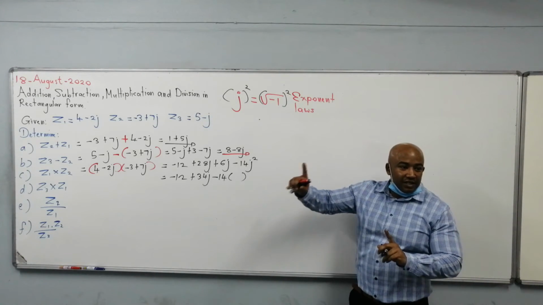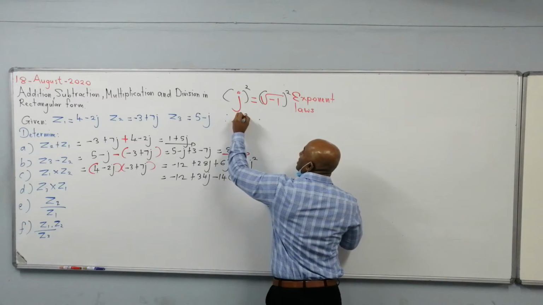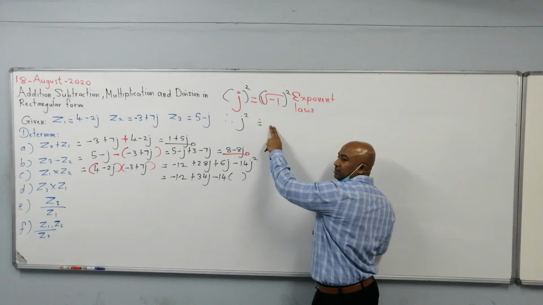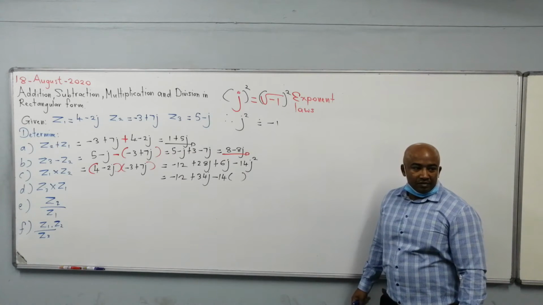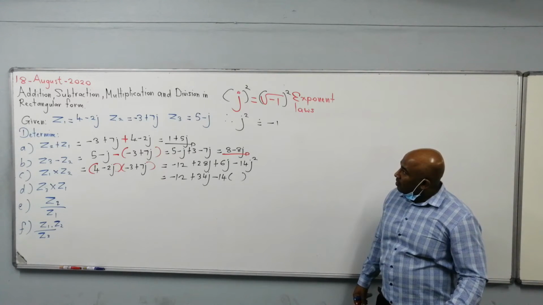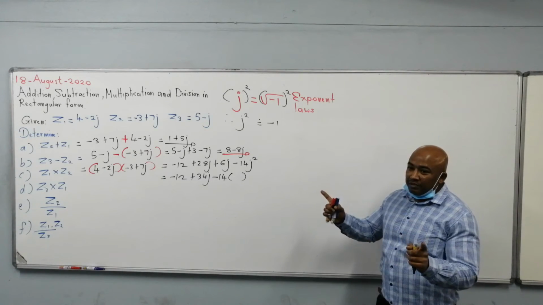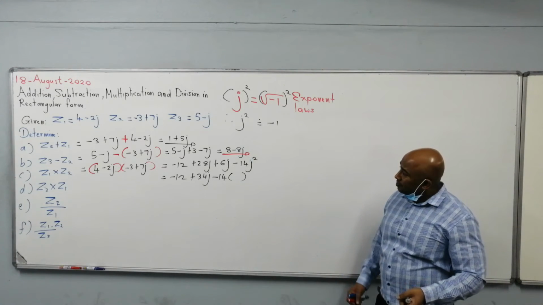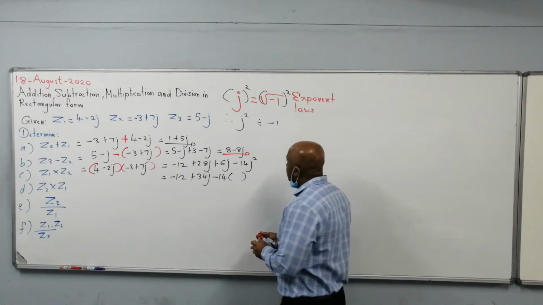Whatever I do on the left hand side, I do on the right hand side. So therefore, j squared is equal to what will I get here now? Negative 1. Because when you square the square root, what happens? From your exponent laws, the square root will be out from there. So therefore, j squared is negative 1.